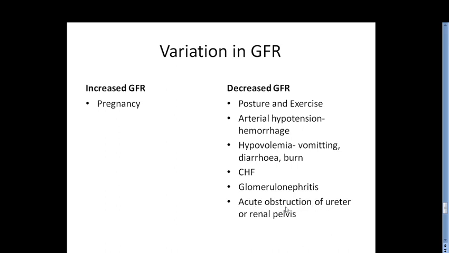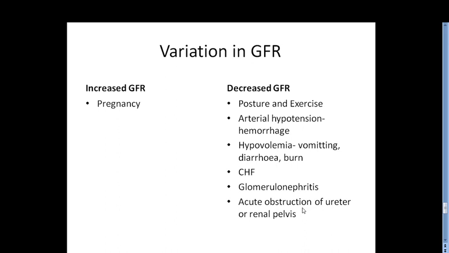and acute obstruction of the ureter or renal pelvis. In this case, what happens in acute obstruction of the ureter, usually common in case of stones, if some stone gets plugged into the ureter or renal pelvis, because of the backflow of the urine into the Bowman's capsule, because the formation of urine is a continuous process, so there is continuous formation of urine, but because of blockage it is not possible to escape up to the bladder.